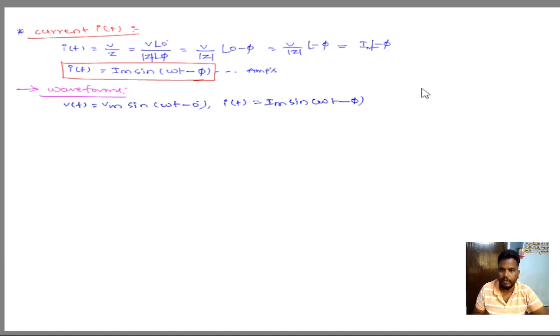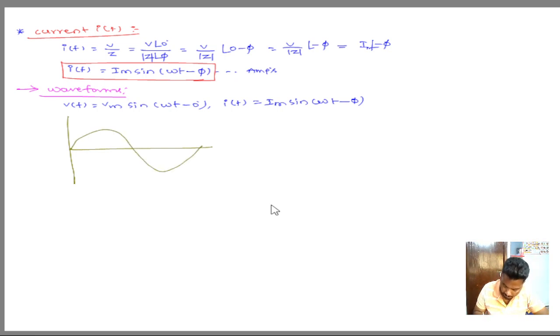First we need to draw the voltage waveform, my instantaneous voltage. Then draw the current waveform.